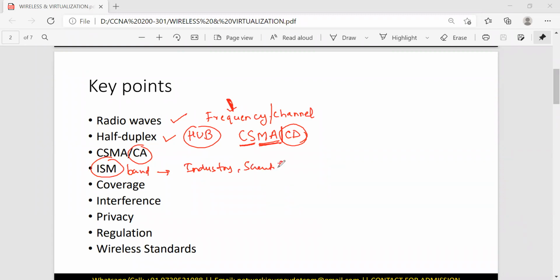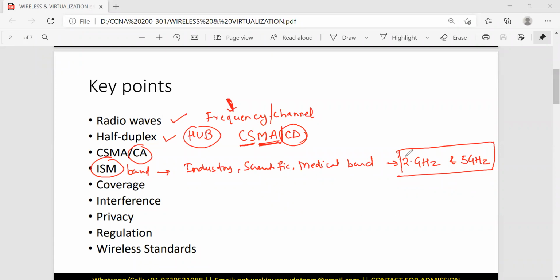When you want to work in any of these industrial, scientific, or medical kinds of bands, I can say, they fall in 2.4 gigahertz and 5 gigahertz. These are the two frequencies for which you don't need to buy a license, right?